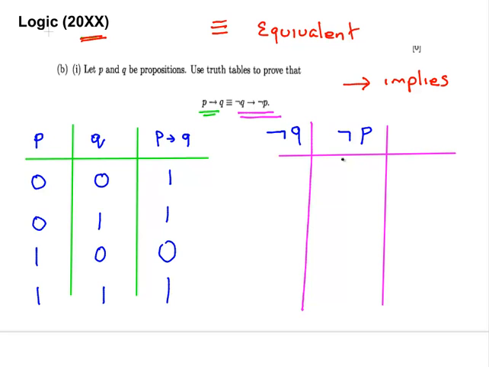We can just use the values over there. So not Q is, let's look at this value here, 0, 1. So put in the opposite values here, 1, 0, 1, 0. Not P, well, there's a 0 over here, so that'll be equivalent to a 1. And a 1 here. 0 and 0.